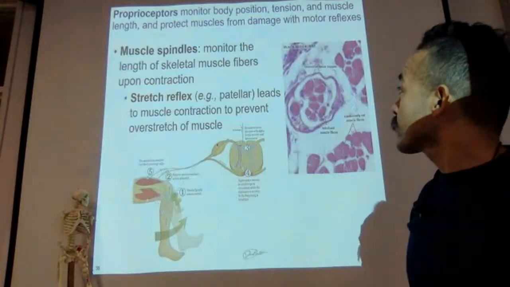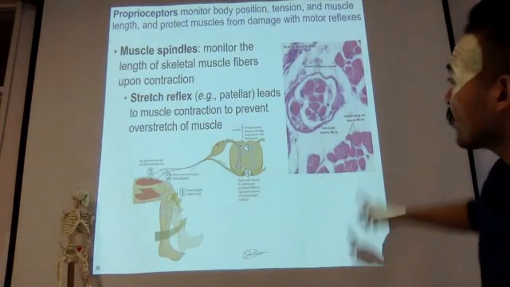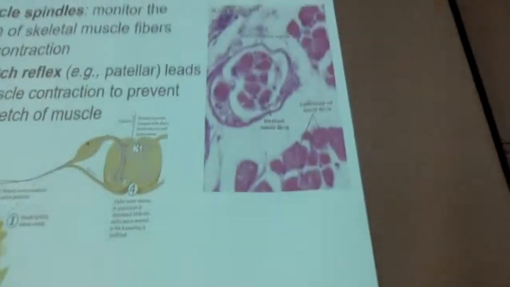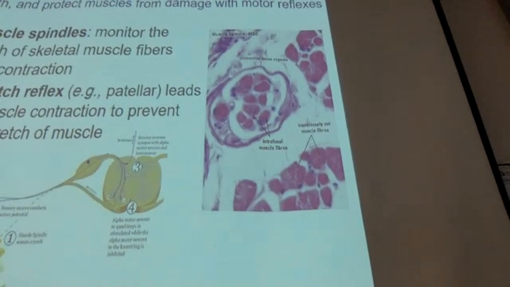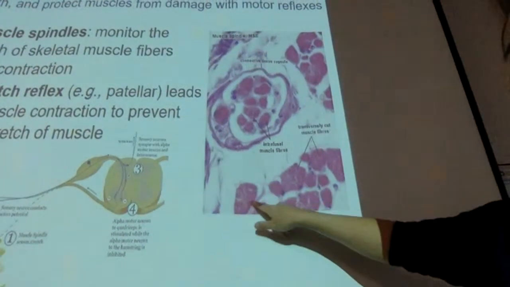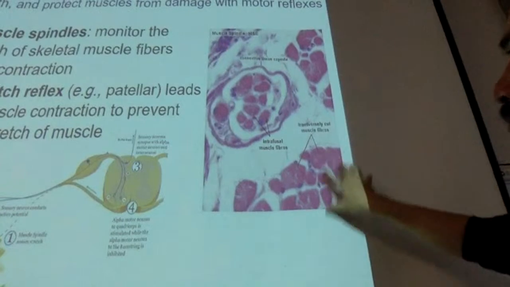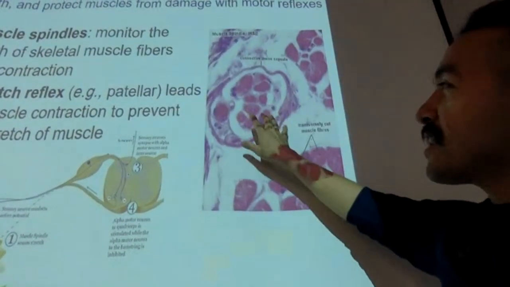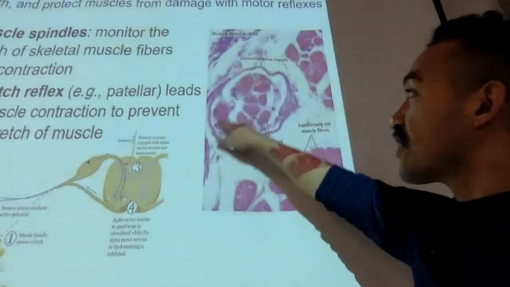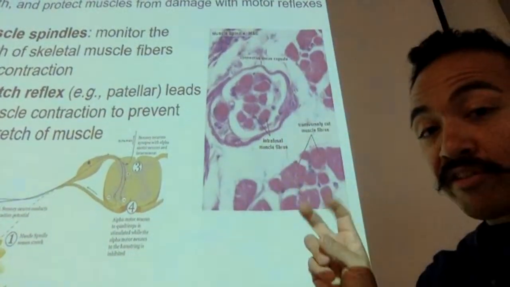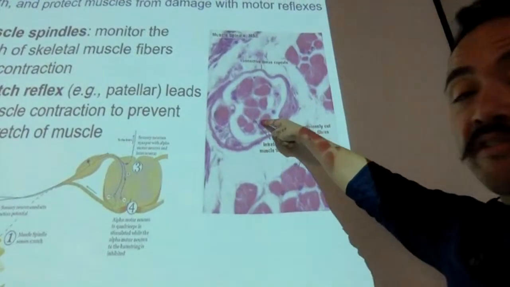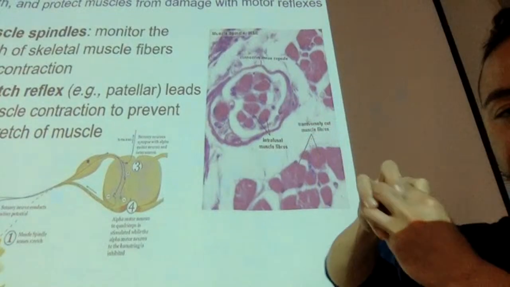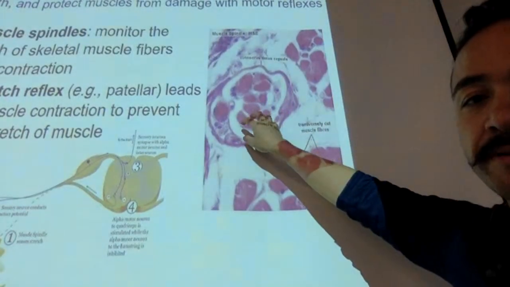Under a microscope, this is a cross-section of a muscle spindle. You can see regular muscle fibers, cross-sections of muscle fibers, out here. You can see more muscle fibers inside of this capsule, but that's the difference. It's covered by this special connective tissue capsule. A muscle spindle does have muscle fibers surrounded by connective tissue, and what you can't see are nerve endings, dendritic things within here.